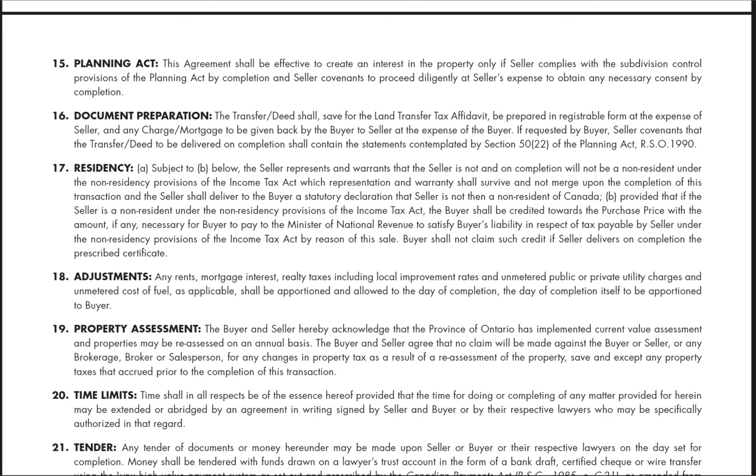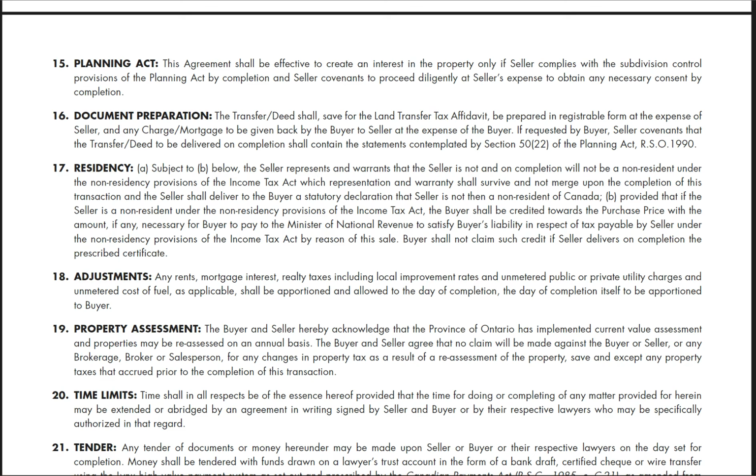So scenario one, the standard property transfer: the seller's lawyer would prepare the deed and send it to the buyer's lawyer. The buyer's lawyer would register the deed on closing day, and the sale is completed without any issues. The buyer would get a mortgage from the bank.